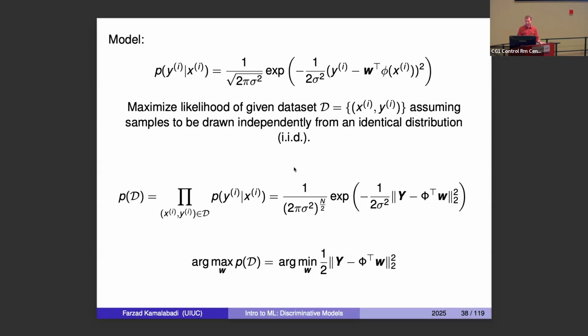So what does that give us? What that gives us is that now the probability of D, remember D is high dimensional because it's pairs of xi's and yi's, x1, y1, x2, y2, and it goes to n dimensions, right? So it becomes an n-dimensional probability distribution, but I can write it as the product of one-dimensional ones, one for each of those data-label pairs, okay?